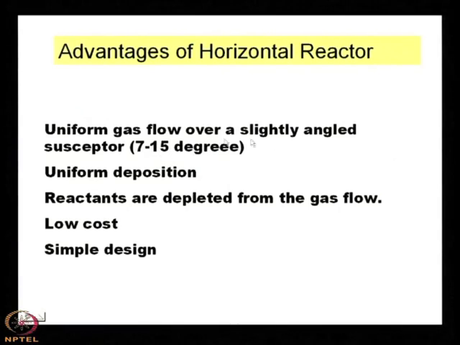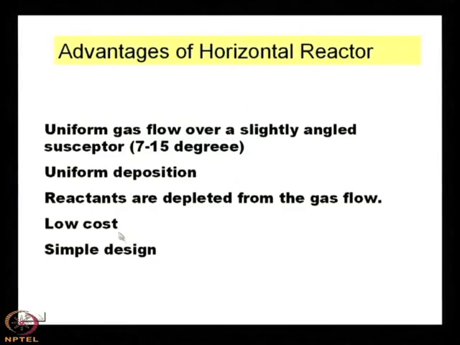it has been proved that the gas flow will be uniform if there is a certain slanting of the susceptor, because of the velocity problem that we shall come to. Uniform deposition, reactants are depleted from the gas flow, low cost, simple design. What is the meaning of this term, reactants are depleted from the gas flow?